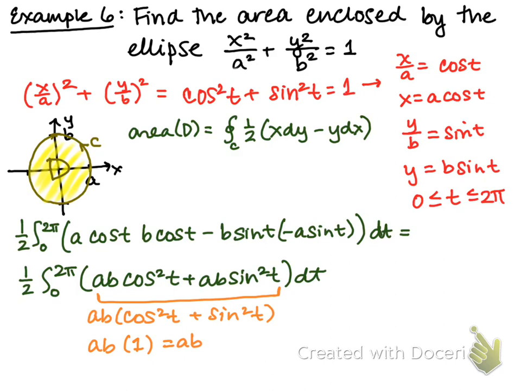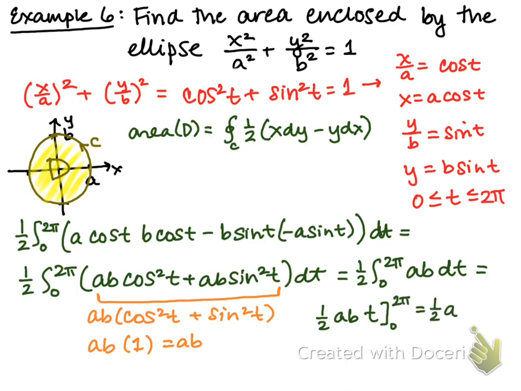Of course, in this problem, a and b are constants. So that is just going to integrate to abt. 1/2 ab times t from 0 to 2 pi, which is 1/2 ab times 2 pi.